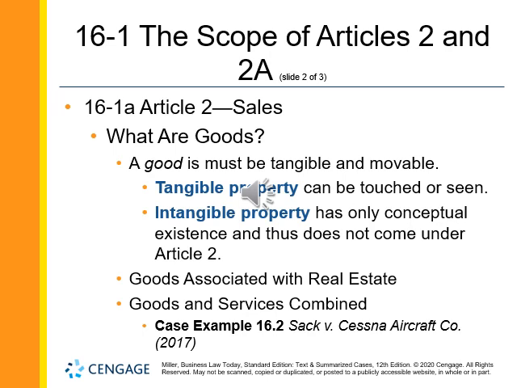So, in some states, a drop-in range, which is one which is not actually physically attached to the counters, but which nonetheless looks like it's attached to the counters, is not going to be considered a fixture, whereas it might be considered one in other places.